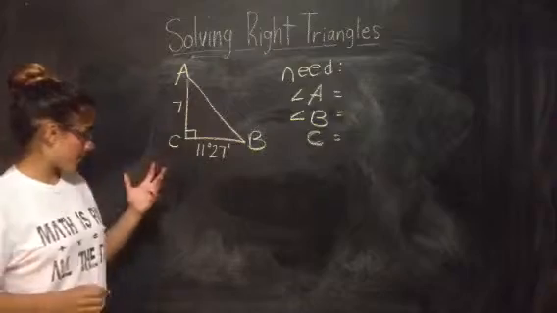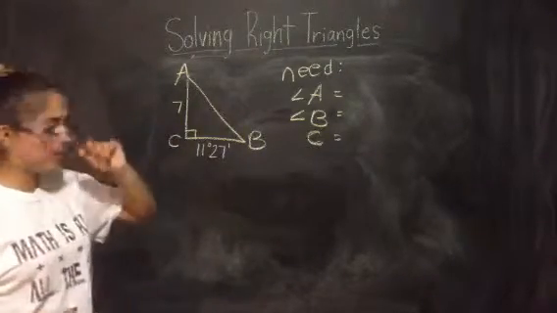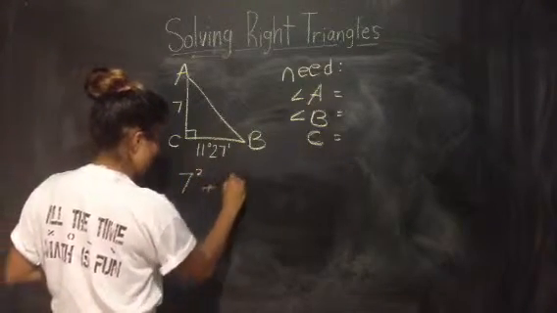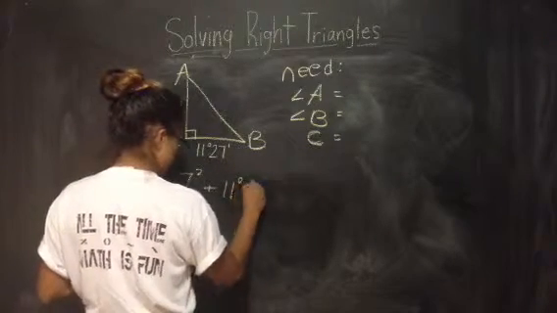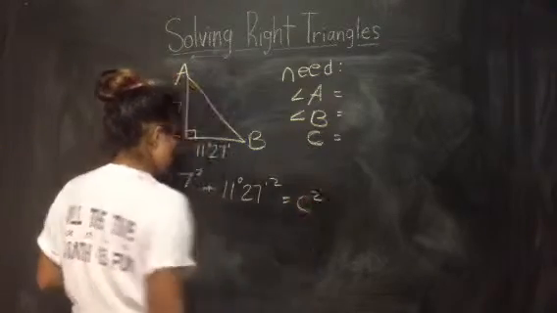So, I think the easiest thing to start out with is finding side c, because you can easily use the Pythagorean theorem to do that. So that would be 7 squared plus 11 degrees, 27 minutes squared equals c squared.